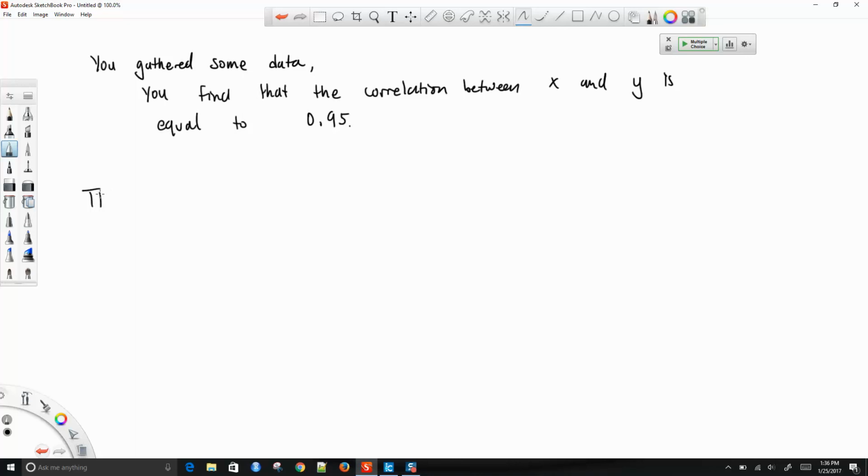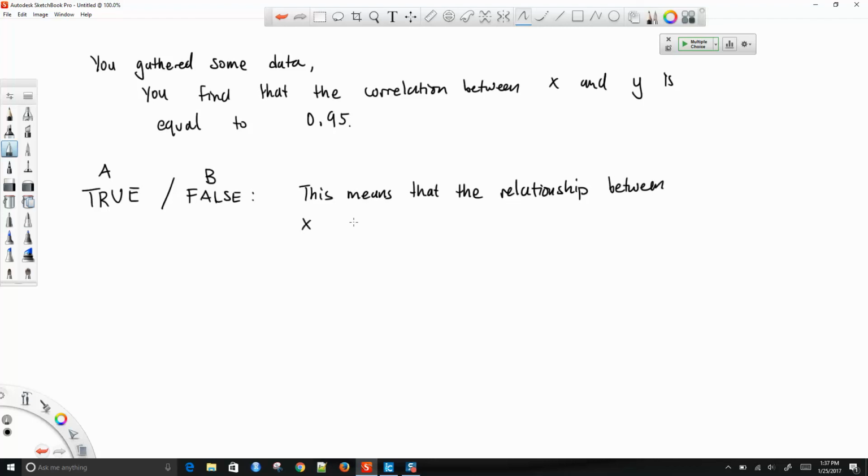True or false: this means that the relationship between x and y is positive, linear, and strong. True will be A, false will be B on your clickers. You can go ahead and discuss.